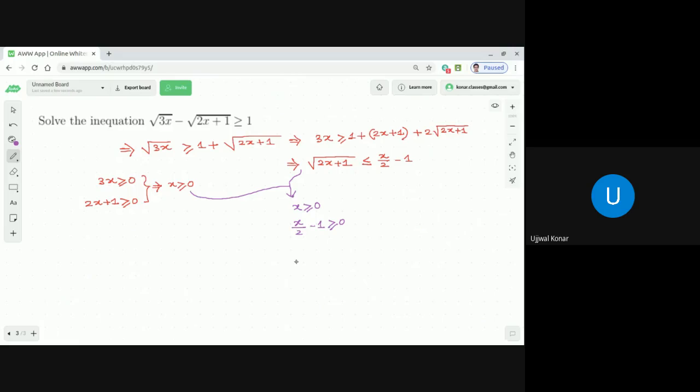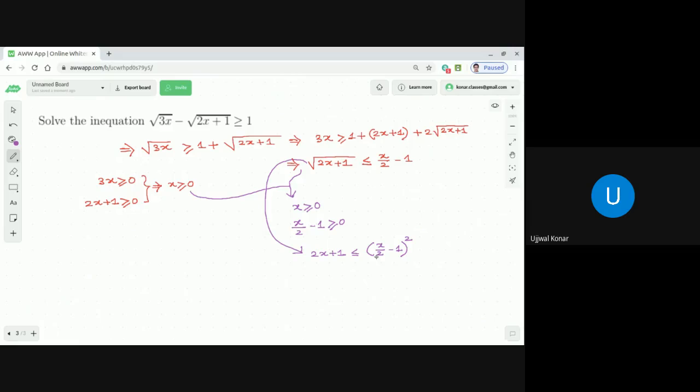And what are we going to get then? Again, we make a square of both the sides. Correct, dear students? So if we make a square of both the sides, what are we going to get? 2x plus 1 is less than or equal to x by 2 minus 1 whole square. Correct?